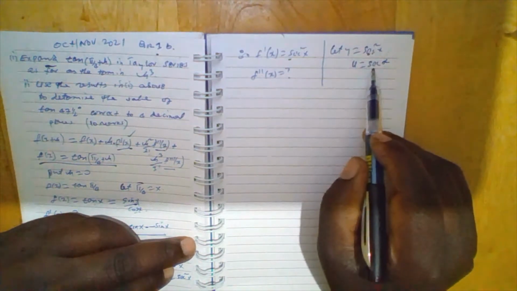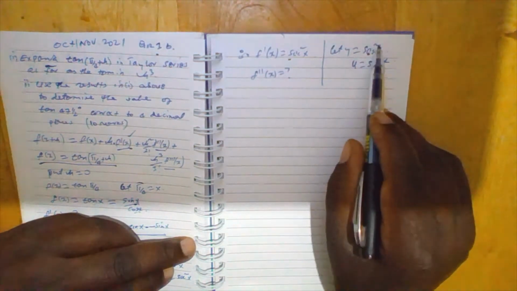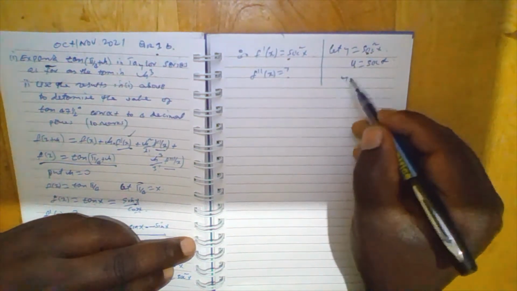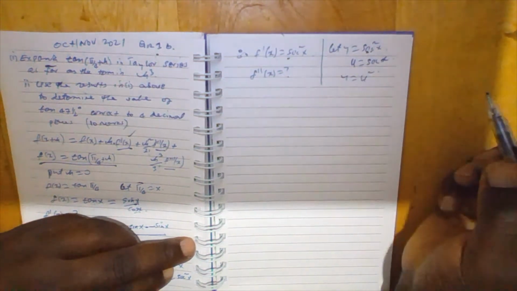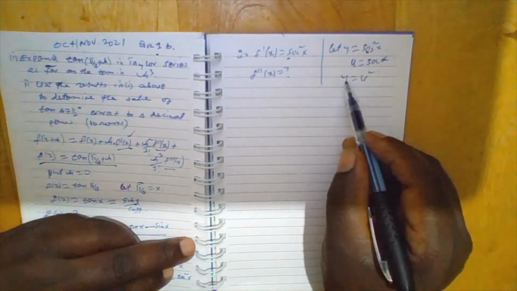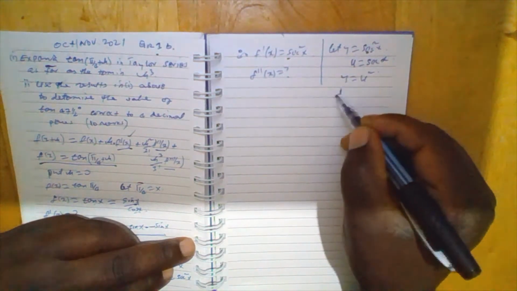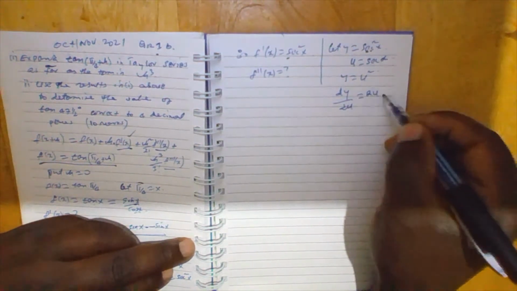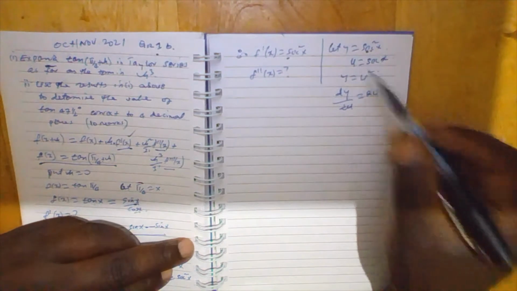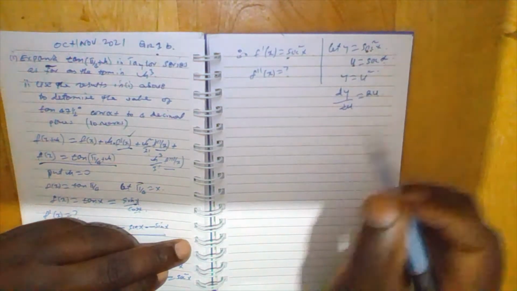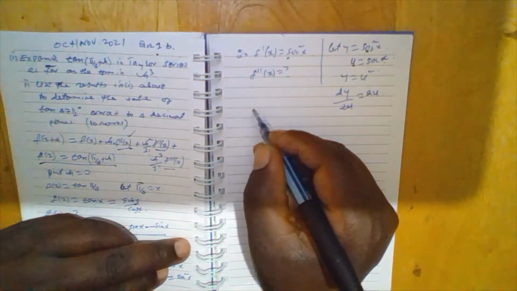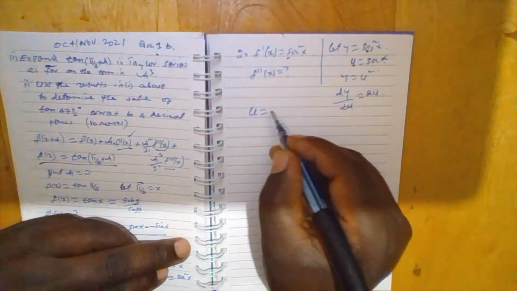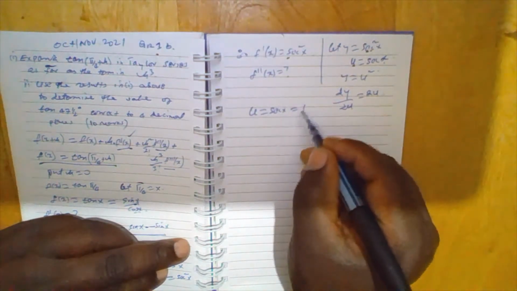Where there is sec x, I replace it with u, but because it's squared, y equals u squared. Then I differentiate y with respect to u: dy du equals 2u. Then I will differentiate u with respect to x. Now u equals sec x, which is the same as 1 over cos x.